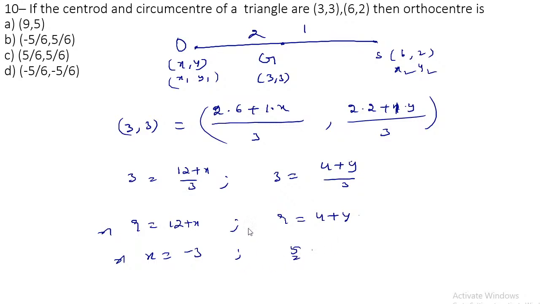So did we make any mistake? (3, 3), mx2 plus nx1 by m plus n is 3, and my2 plus ny1 by m plus n is 3.